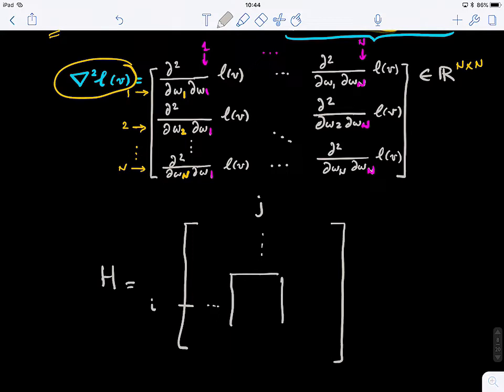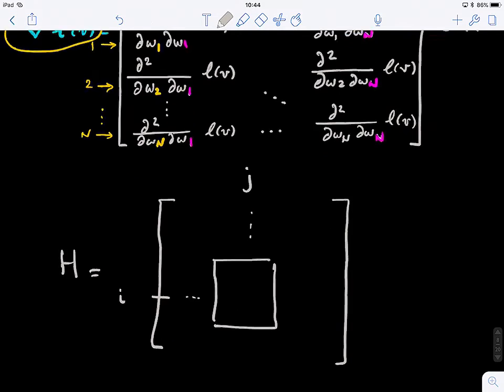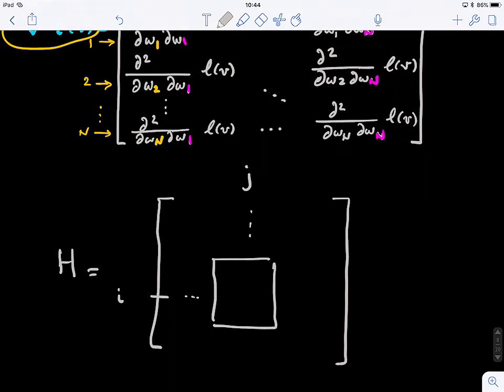What is this element? It's just the derivative of our function. First, we derive with respect to the variable or direction i, and then we derive with respect to the direction j, so we have two consecutive partial derivations, okay?